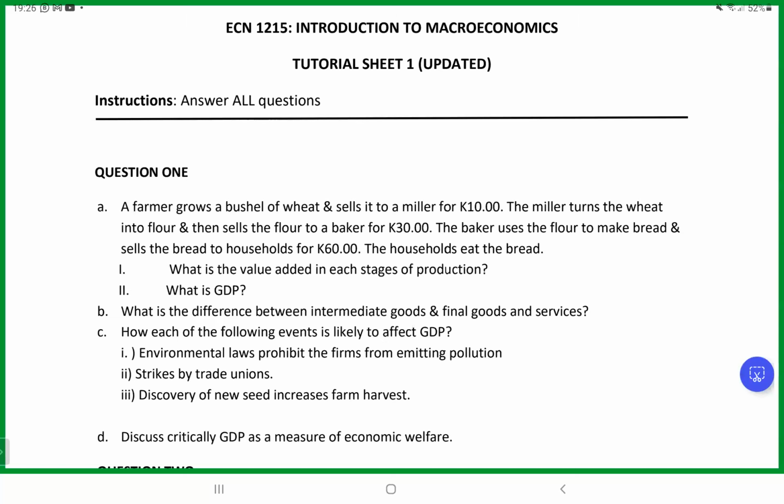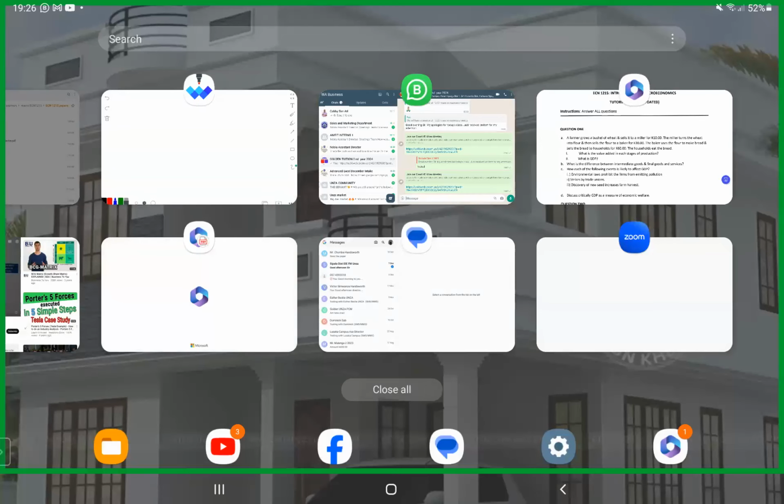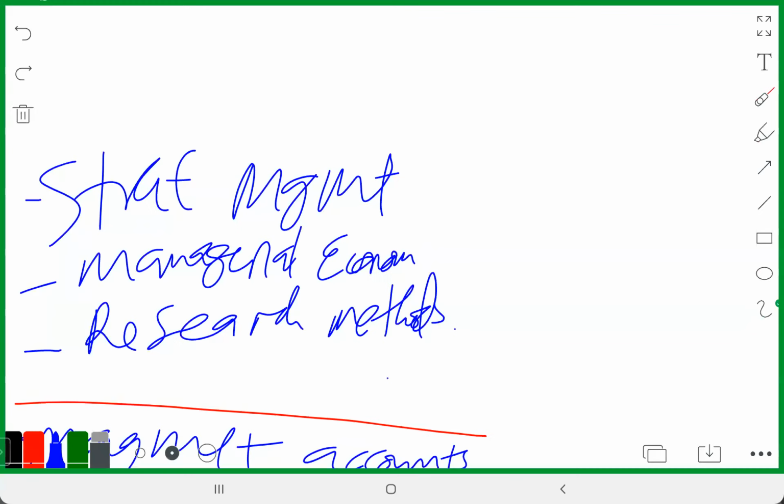We want to know the value that was added at each stage of production. So this is what is called the value added approach to the calculation of GDP. Remember last time I talked about the different methods that are used to calculate GDP. Okay.